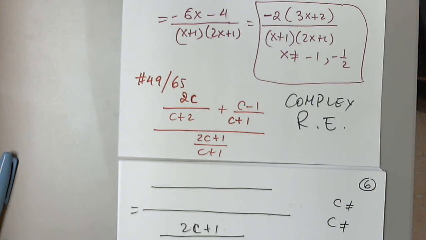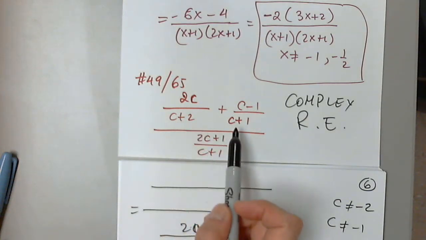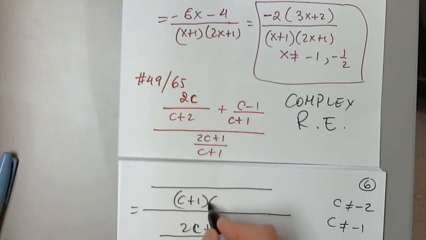So the 2 restrictions you will give me are c not equal -2 and c not equal, very good, -1. Excellent. You will give me the least common denominator for the top as being c plus 1, c plus 2.